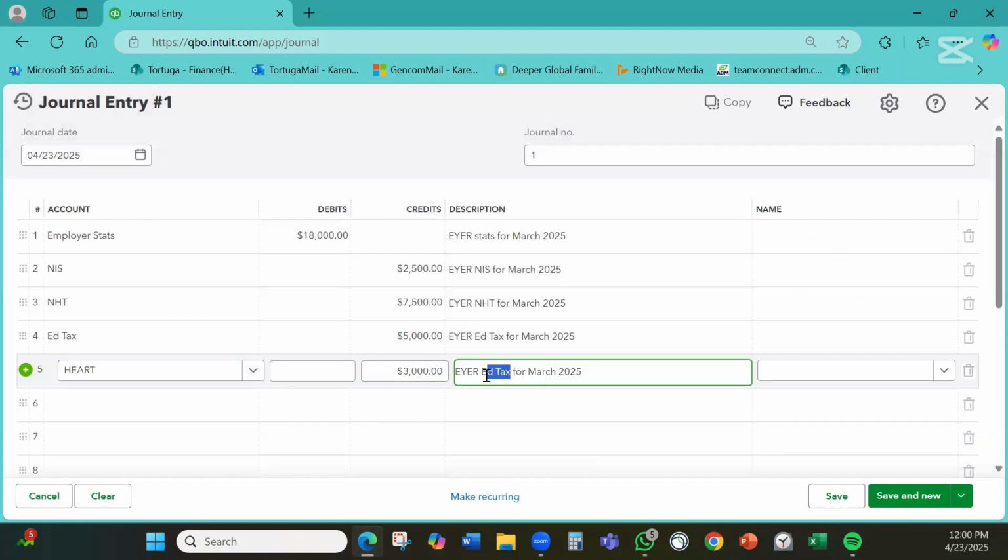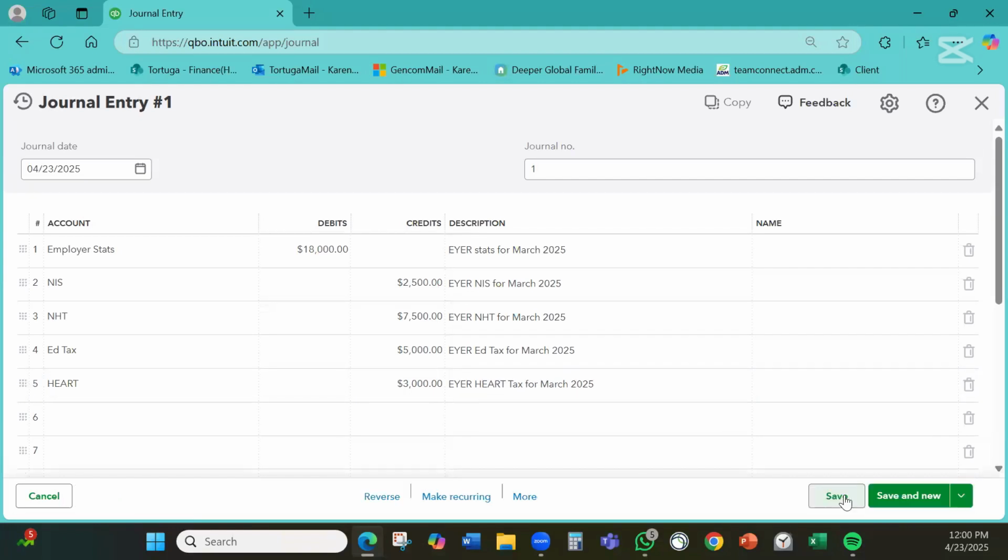Yeah, my balance sheet. So this is the last one, HEART. So I'm saving it, right?